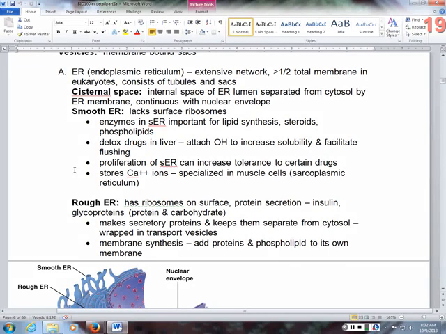It's a double membrane around it. Your endoplasmic reticulum is continuous with it. So there's actually that connection in there.